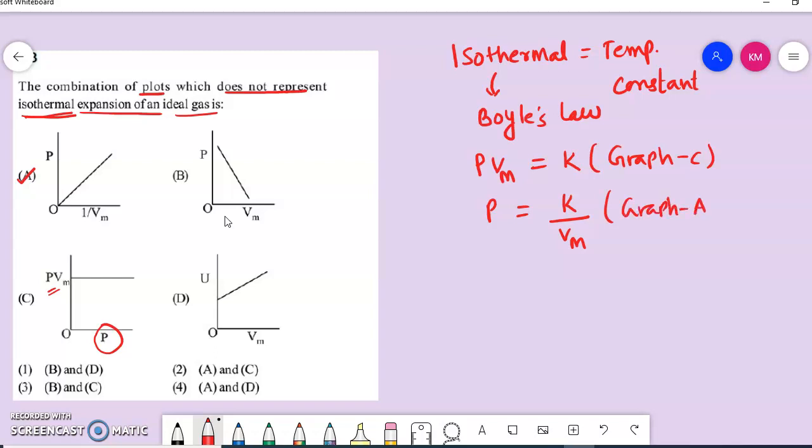But here B as well as D do not obey these two equations. So B and D do not represent the isothermal expansion of an ideal gas. So option 1 is the correct answer for this.